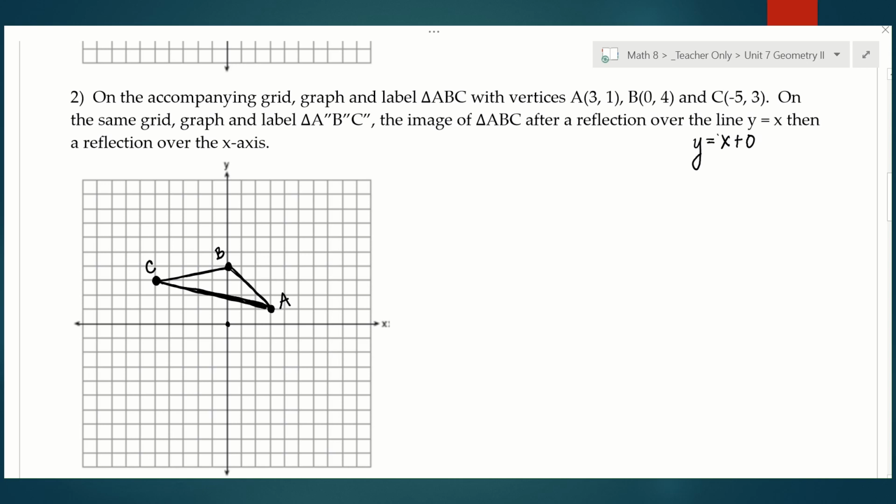And my slope is 1, which means I'm going to go up 1 over 1. So the line that I'm plotting here is going to go right through the origin, perfectly straight. I would highly suggest using a ruler at home. I'm going to try and make this as straight as I can. Okay. So there's our line y equals x.